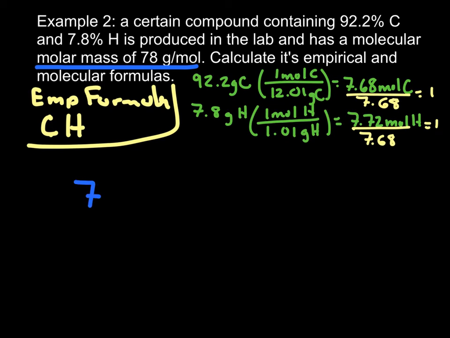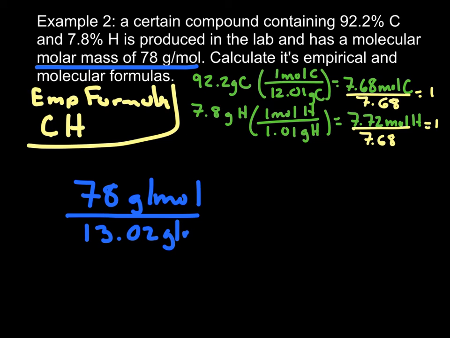So we take 78 grams per mole, and we need to divide this by the molar mass of the empirical formula. Well, when you take 12.01 plus 1.01, we get 13.02 grams per mole for our empirical formula.